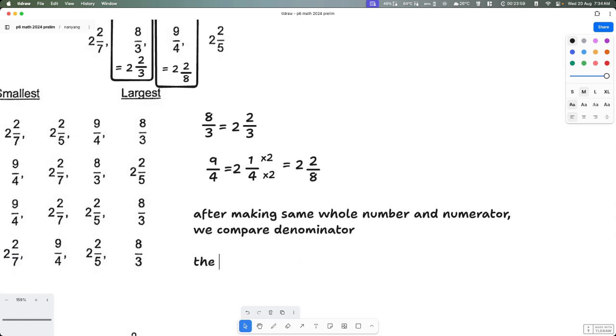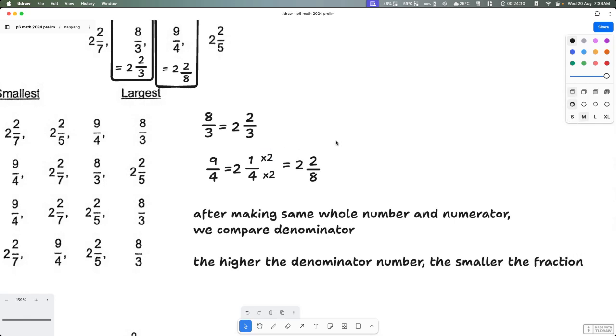Okay, the higher the denominator number, the smaller the fraction. Okay, I think it's pretty straightforward what this means.